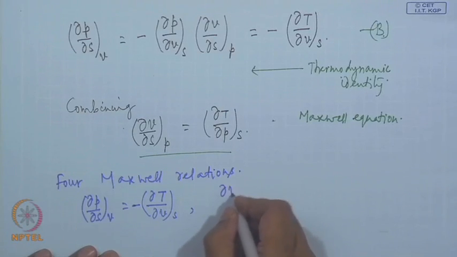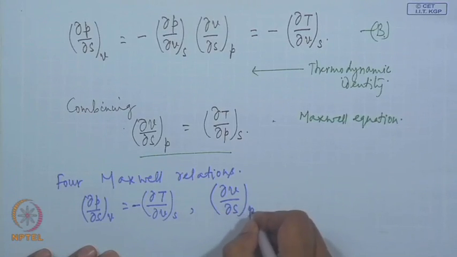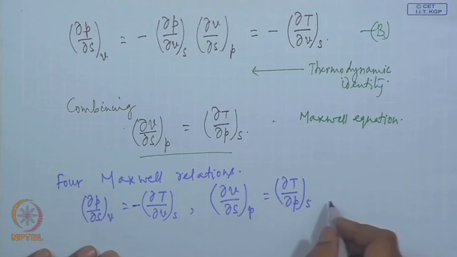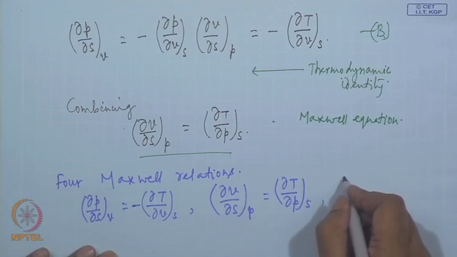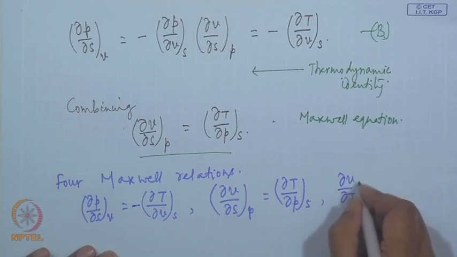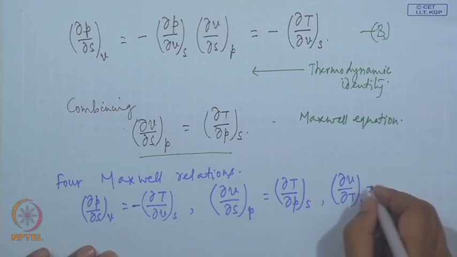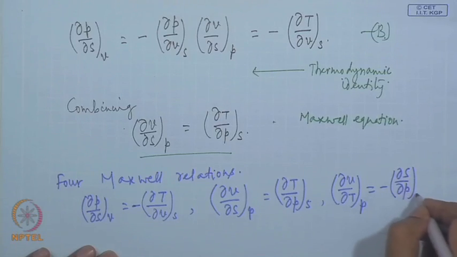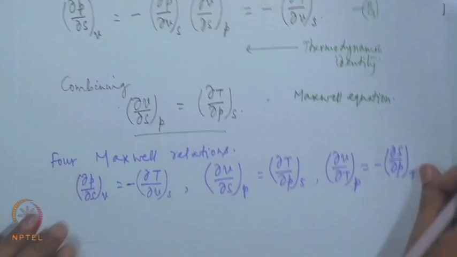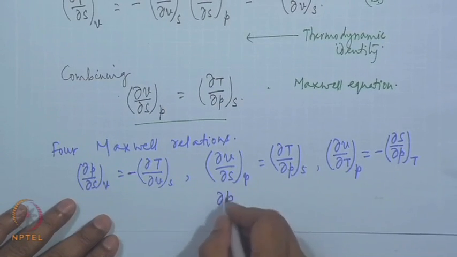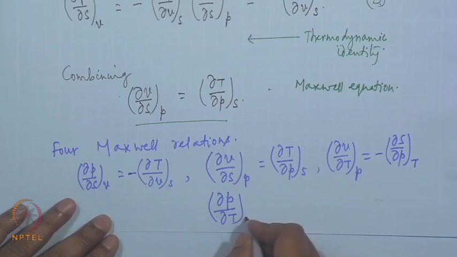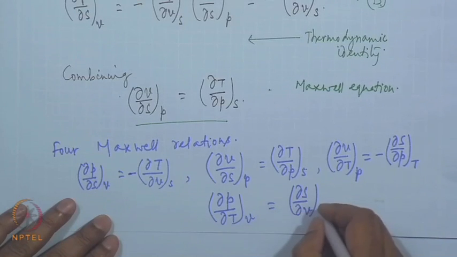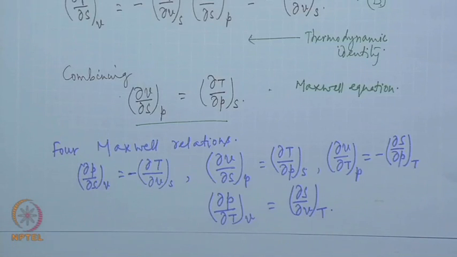We have dV/dS at constant pressure equal to dT/dP at constant entropy. dV/dT at constant pressure equal to minus dS/dP at constant temperature, and the last one dP/dT at constant volume is dS/dV at constant temperature.